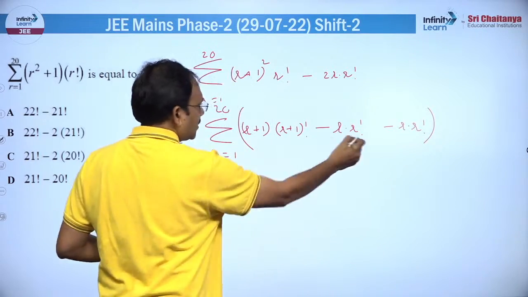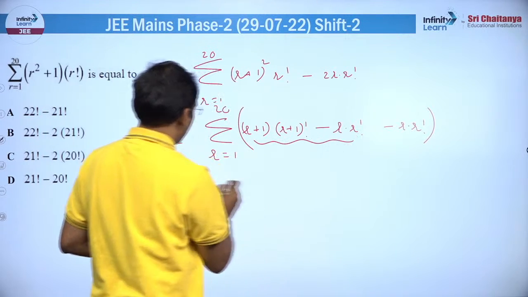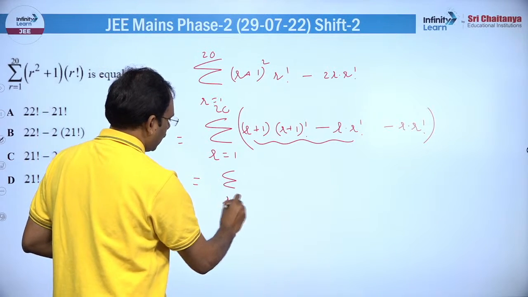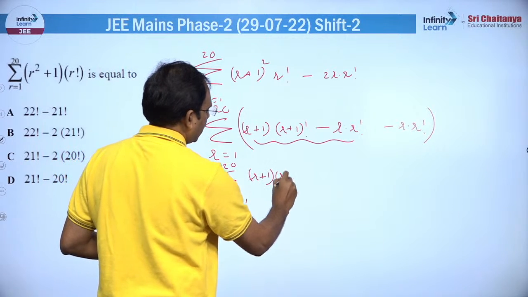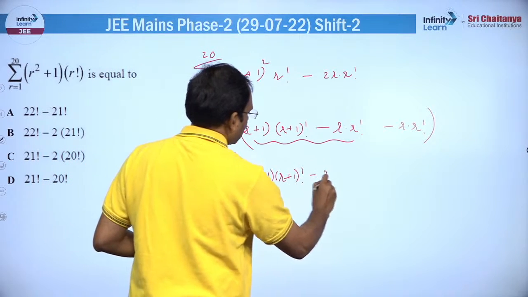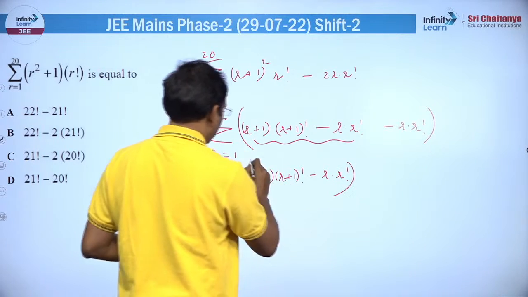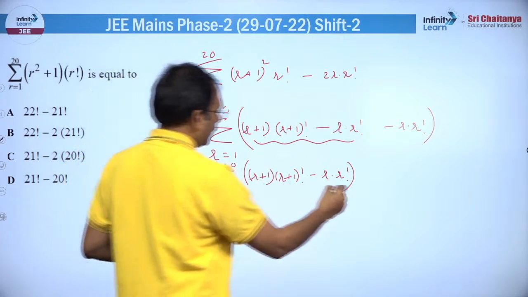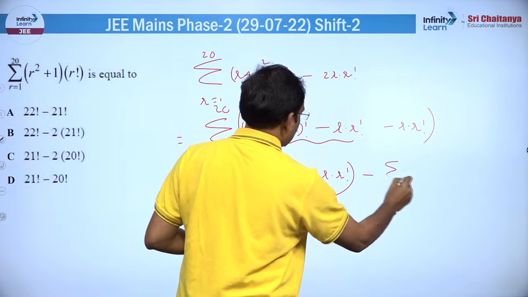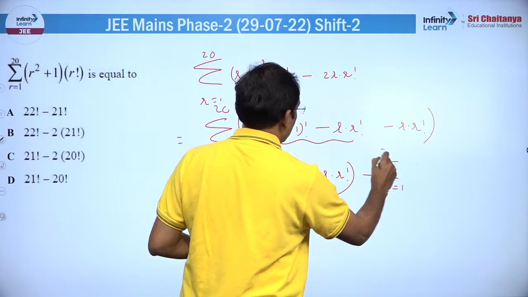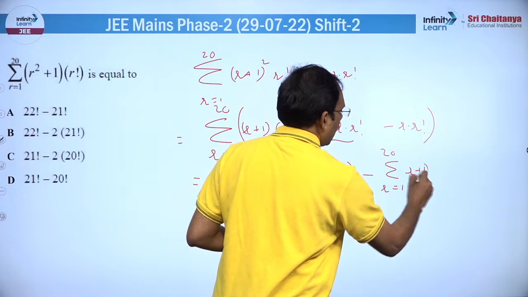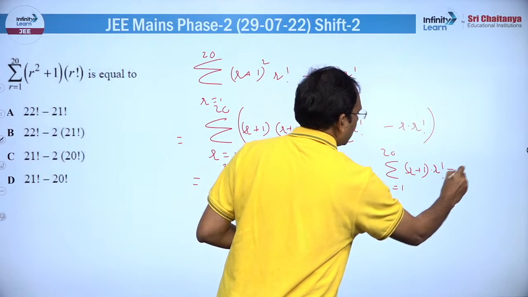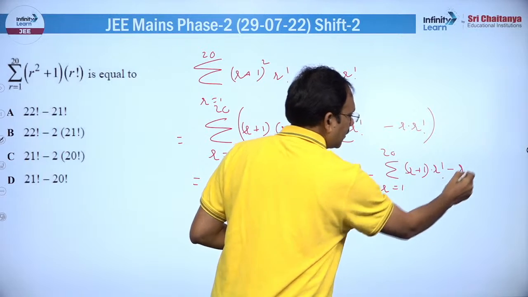Now you just take these two as one unit, because if we expand we are going to get this: r plus 1 into (r plus 1) factorial minus r into r factorial, plus, you can write, minus sigma r equals 1 to 20 of r into r factorial, which is (r plus 1) into r factorial minus r factorial.